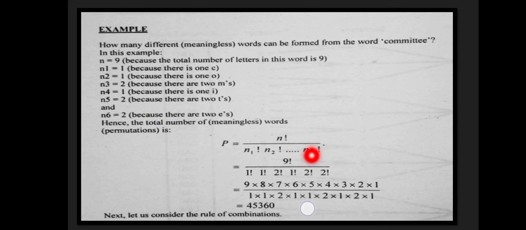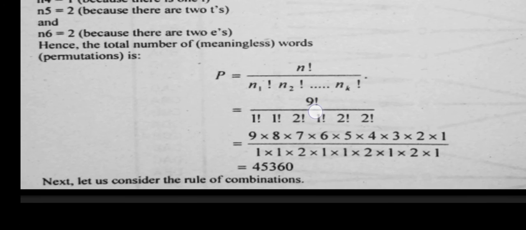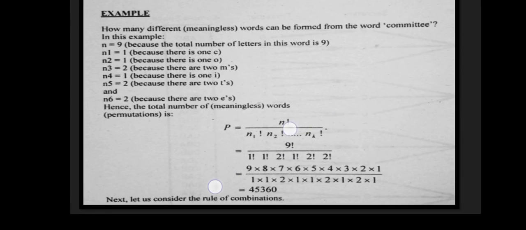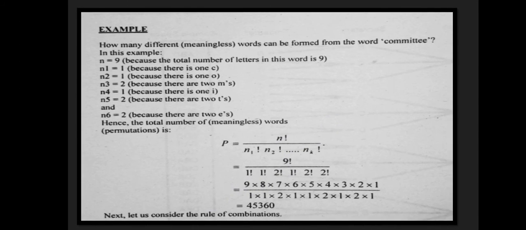Just put the values in the formula and we will get the number of permutations, 45,360. So 45,360 meaningless words can be formed by using the alphabets of the word committee.